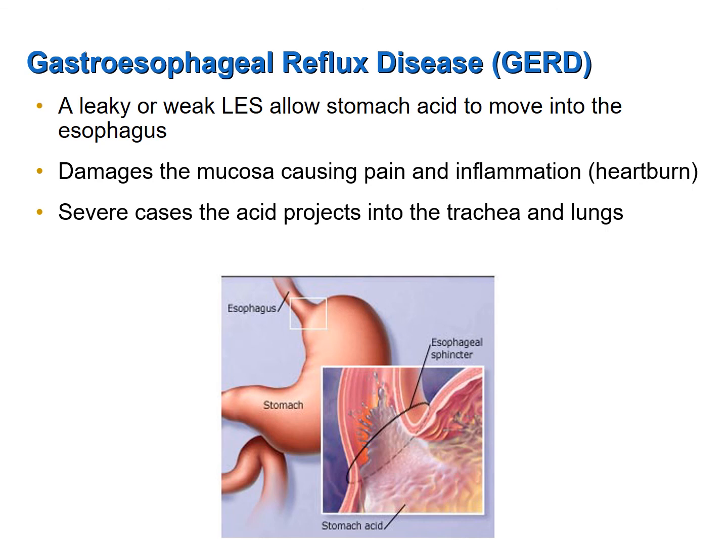This is commonly referred to as heartburn because the lower esophagus is so close to the heart. The pain feels like it's coming from the heart. In severe cases, the stomach acid can project all the way up the esophagus and actually through the larynx into the trachea and the lungs, causing damage there.